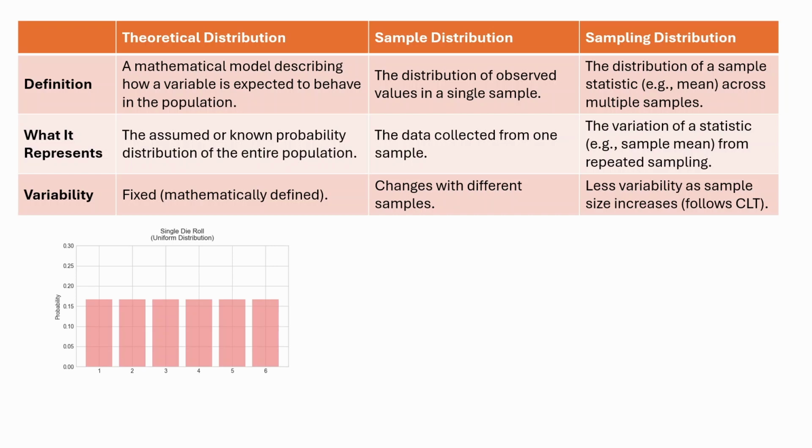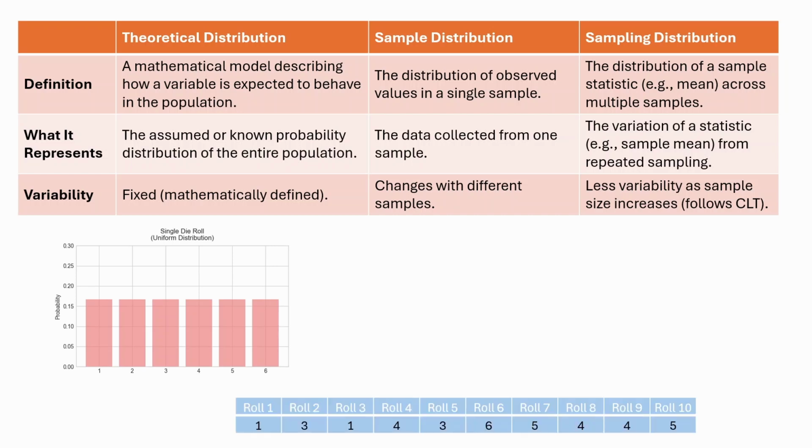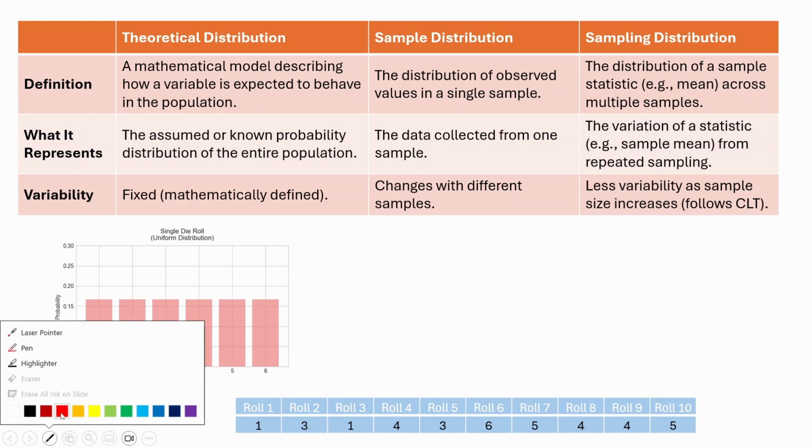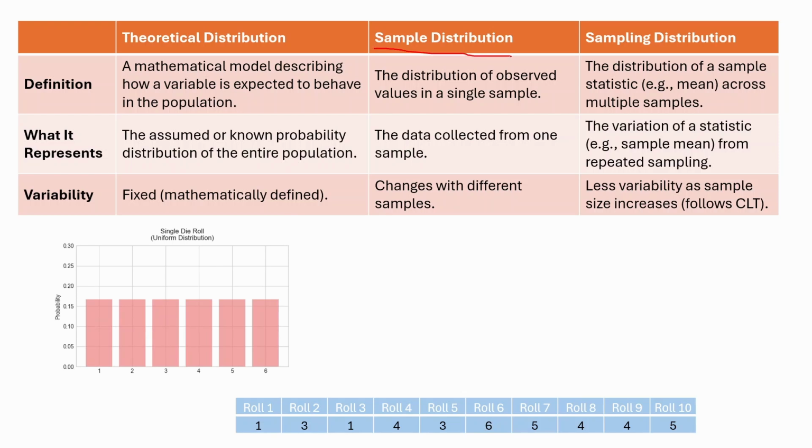For sample distribution, this is the first sample we saw earlier, and it has 10 numbers, so this is one sample. When we talk about sample distribution, we're talking about one sample from the population. And then we can plot it.